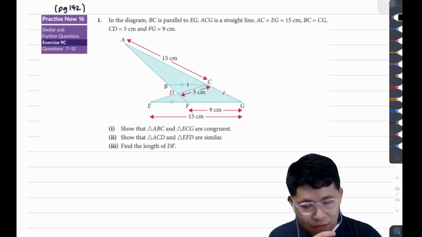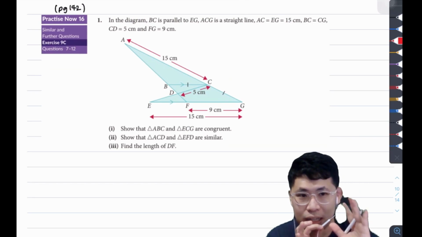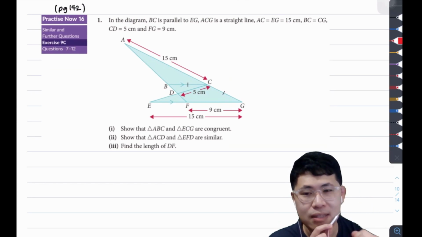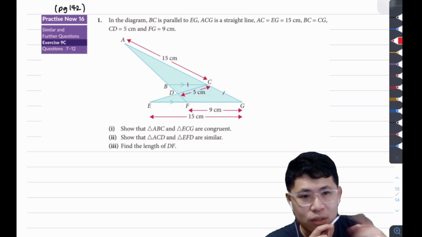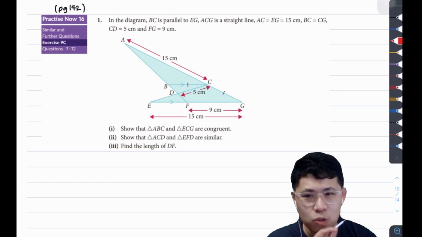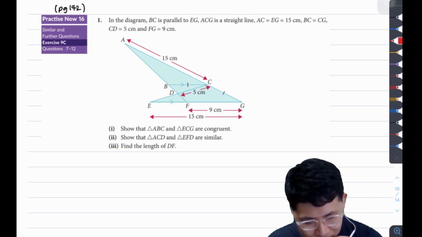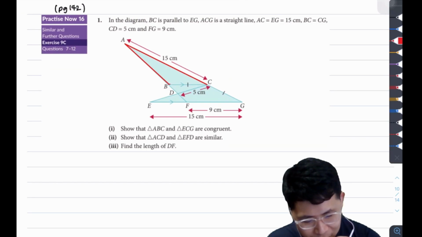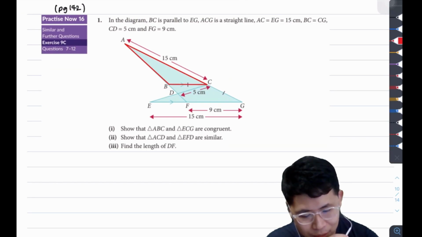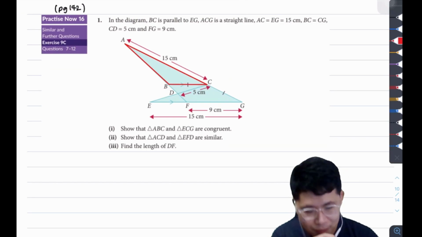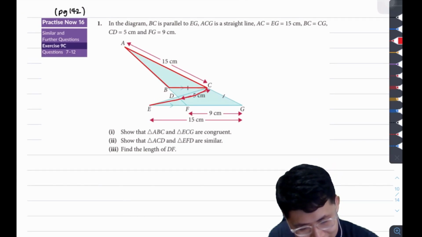The first thing is that if you are labeling, make sure you're using pencil to label. Use pencil to highlight, mark, and so on. Please do not use pen because you may need to redo the whole thing, or you may need to cancel and lose out on information. So the thing that we're going to see is triangle ABC. We're going to match it with ECG.